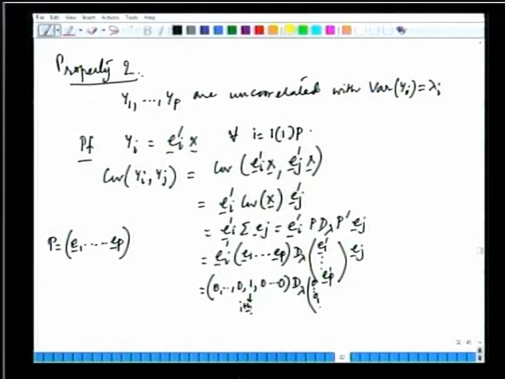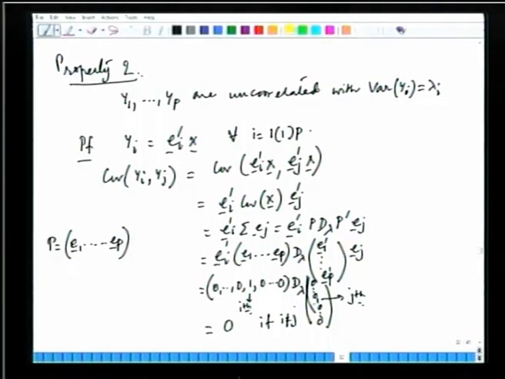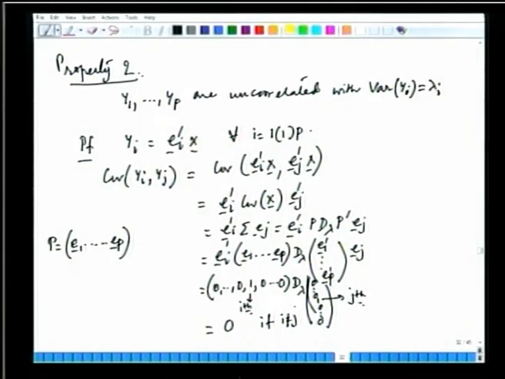So they are never matching, and as a result I have a 0 if i is not equal to j. And if i is equal to j, the 1 is going to match with the 1 here, and the resultant element that is going to remain is the ith element of D lambda, and that is going to be lambda i if i is equal to j.